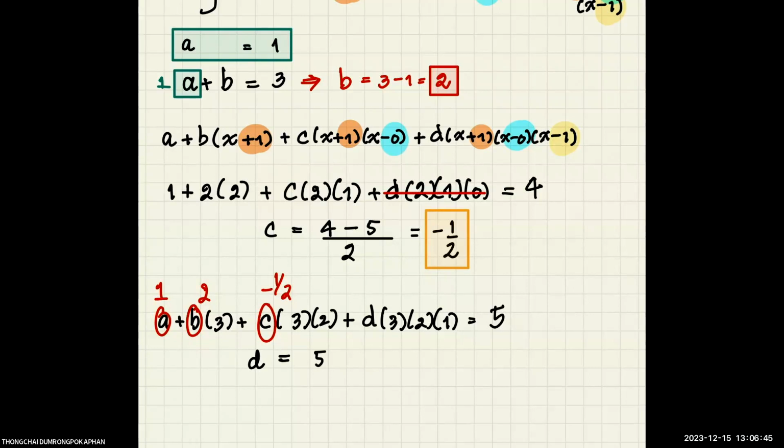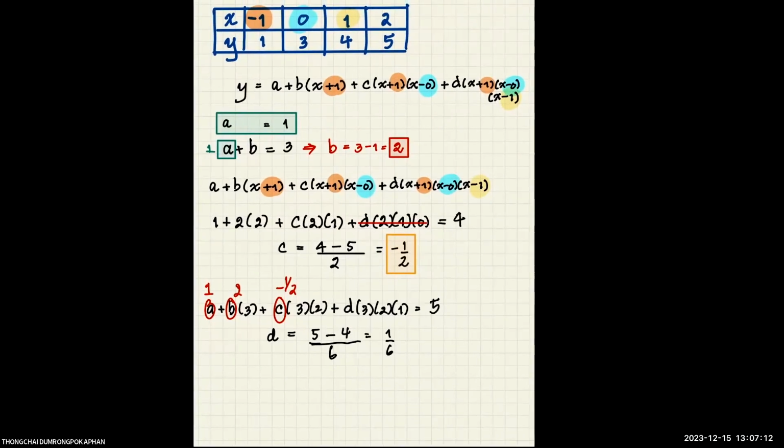D is 1/6, okay? So you will get A, B, C, and D, and you'll be able to write down the form.